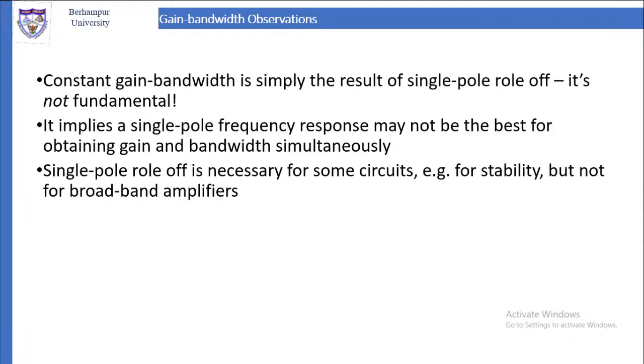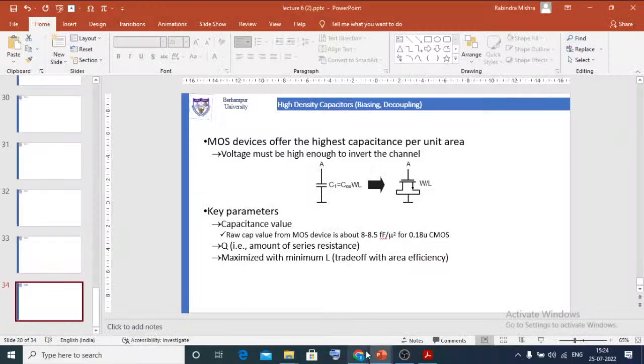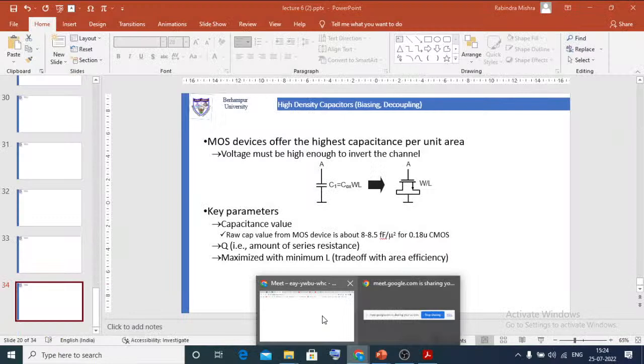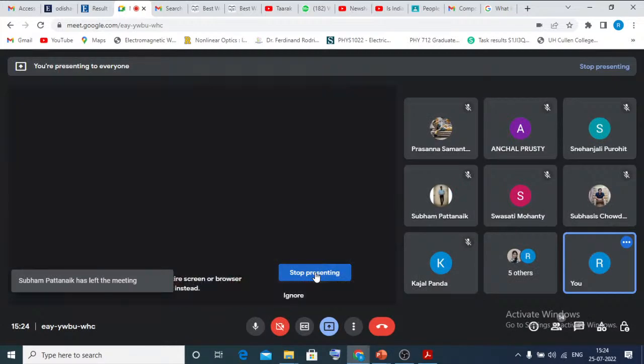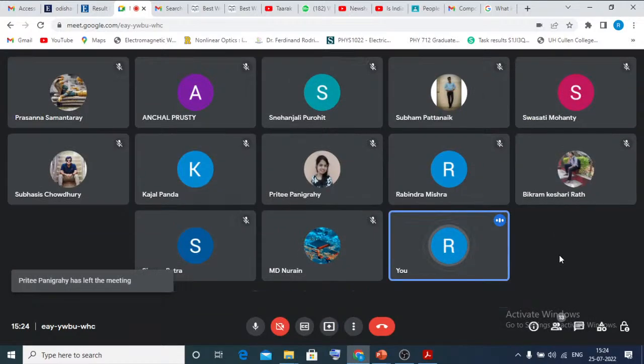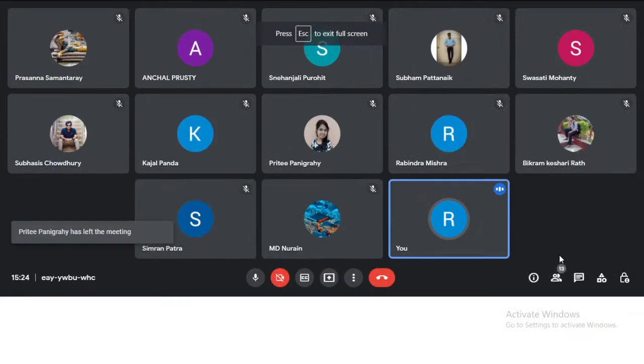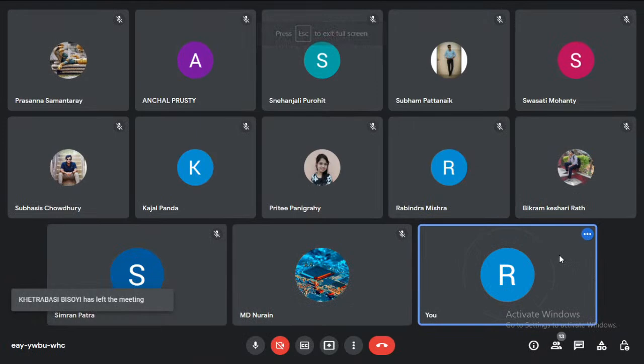With this, we complete our discussion of what we started today, about the MOS transistor, then the circuit elements in the MOS transistor, and finally the gain bandwidth product.